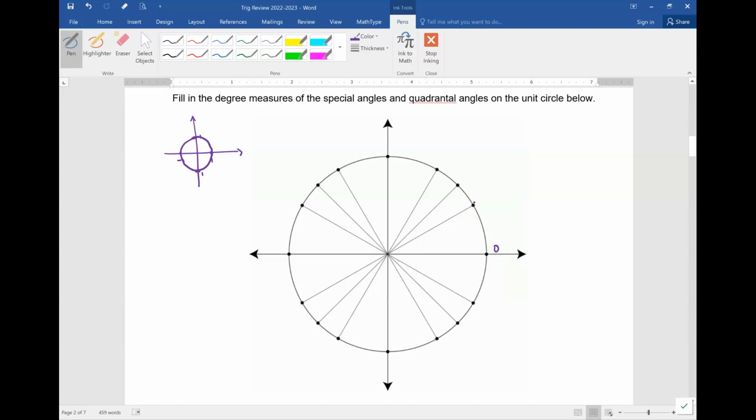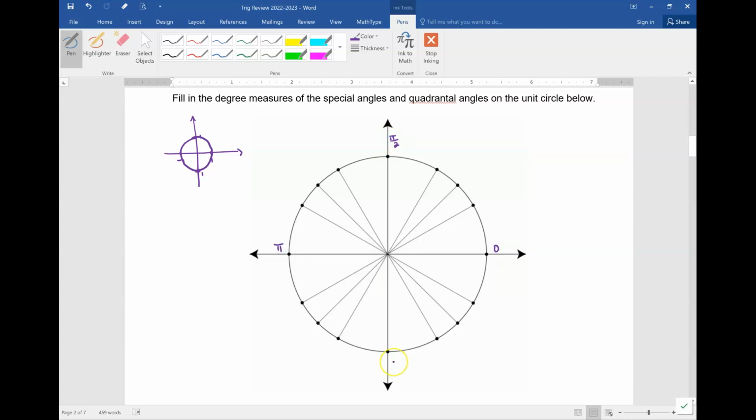Okay, so let's do the quadrantal angles here first. So here we have 0 degrees. At the top, from 0, I've gone 90 degrees up, and that's pi over 2. This one is pi.